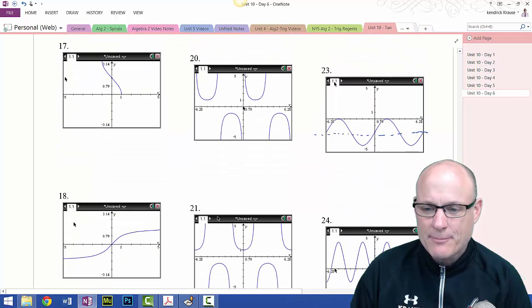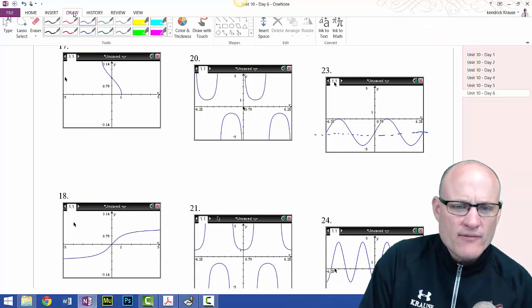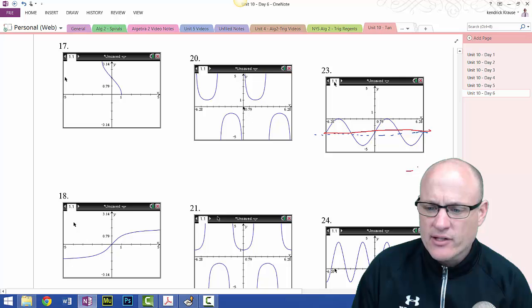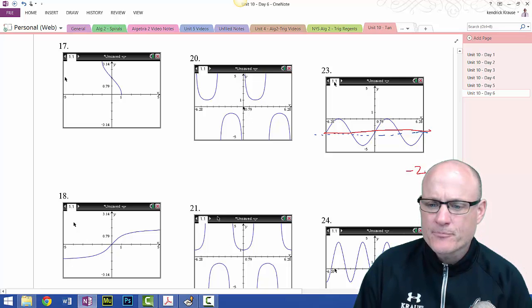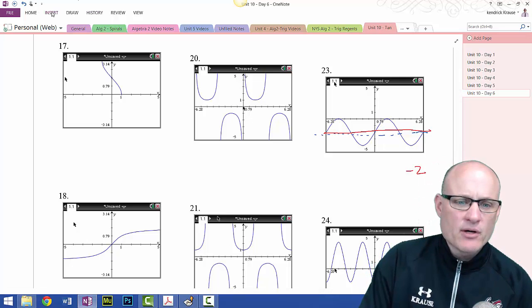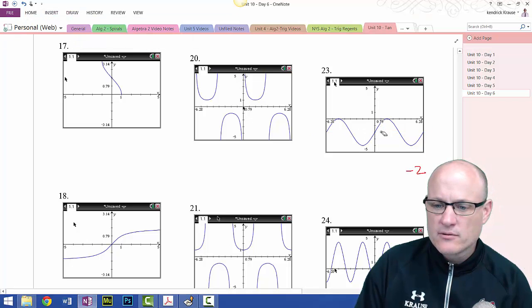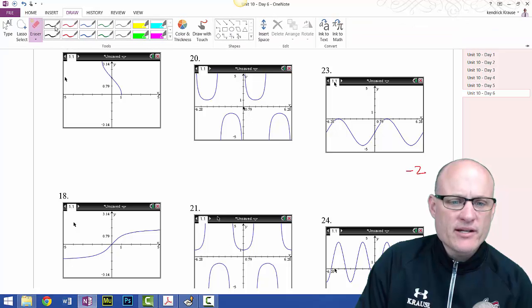Directions said I have to write the exact function for sine and cosine. Oh, crap. All right, so I've got my midline. My midline looks like it might be at -2. So at the end of this thing, I'm going to have a -2. Let me erase all the mess I have there. So my midline's at -2.